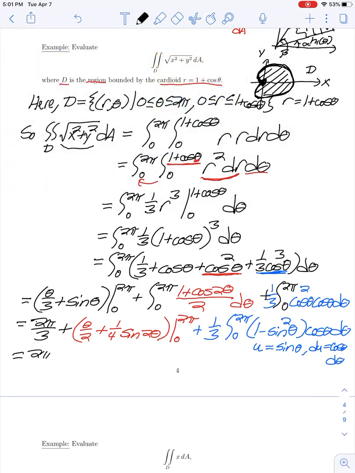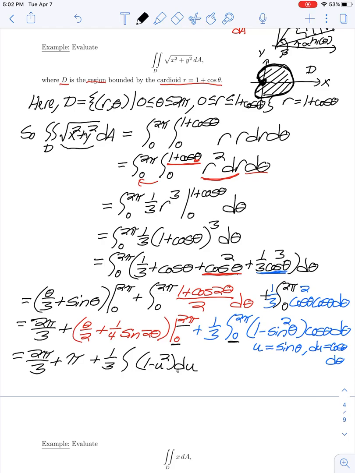From our first integral, we had a 2 pi over 3, plus evaluating this second antiderivative at 2 pi, we would have pi plus 1/4 times sine of 4 pi, which is 0. And then we subtract what we get when we plug in 0 for theta, which is 0. Now for this last term, if we rewrite our integral in terms of u, we would have the integral of 1 minus u squared du.